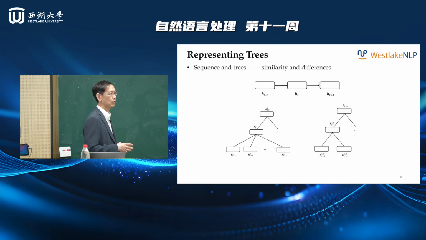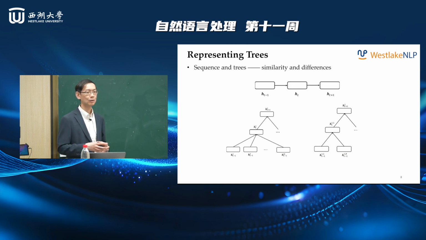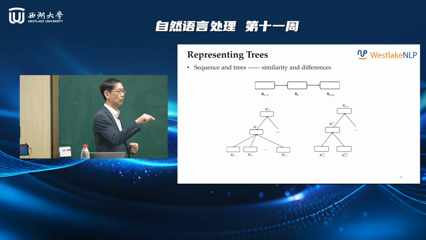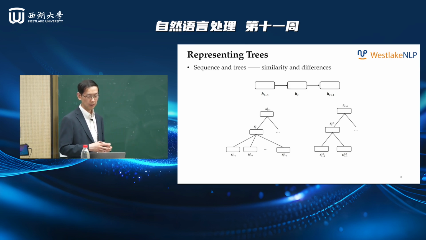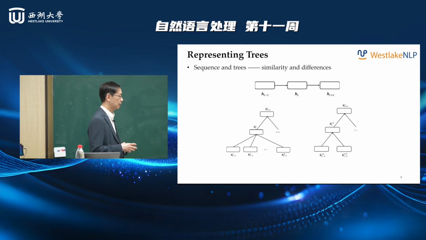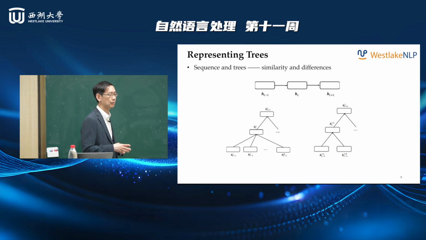Or do you want to go bottom up? I guess most people want to go bottom up, right? Because each node has a subtree. If you go bottom up, the node representation will contain everything about its subtree. That makes more sense, okay. So let's first agree, right? I think most people agree.